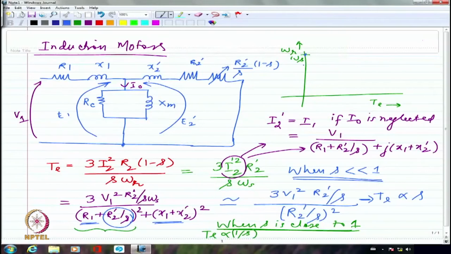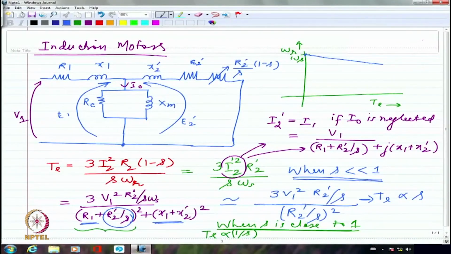And as I increase the load on the motor, maybe I ask for more and more mechanical torque, definitely I will require more and more rotor current. Only if there is more rotor current, there will be more torque developed. Only if there is more torque developed, I am going to sustain the rotation of the induction motor by meeting the torque demand. Otherwise, there is no way the rotation will be sustained. So as I increase the load further and further, I am going to have reduction in the speed.